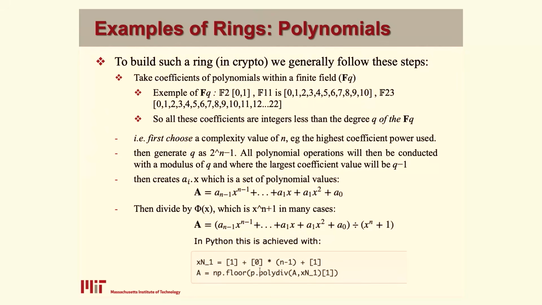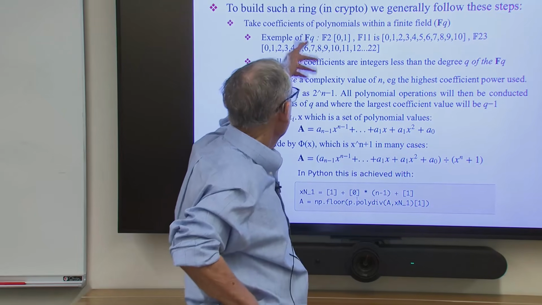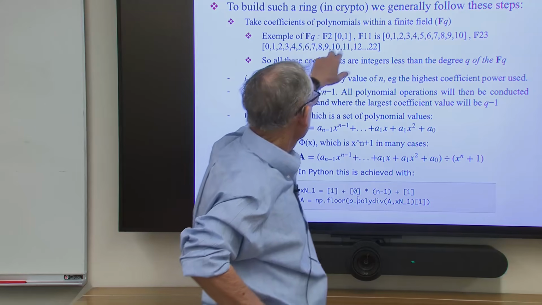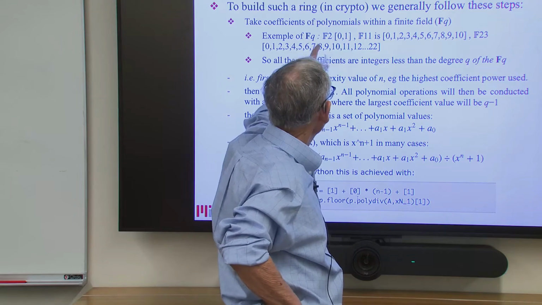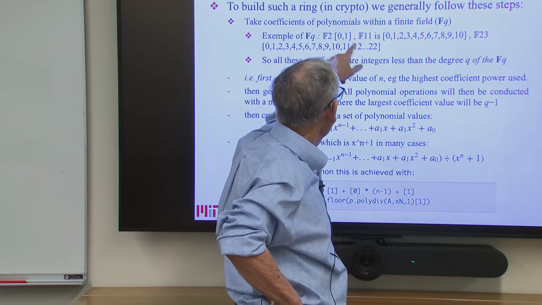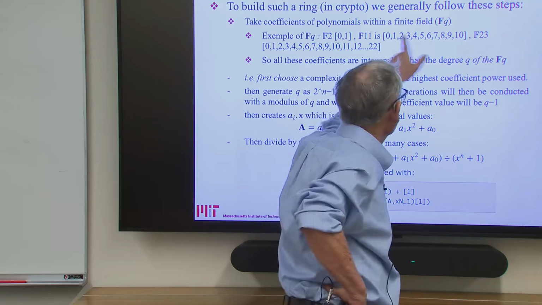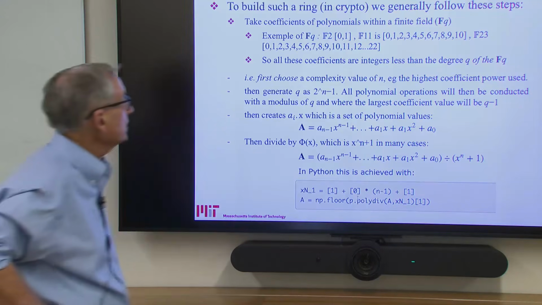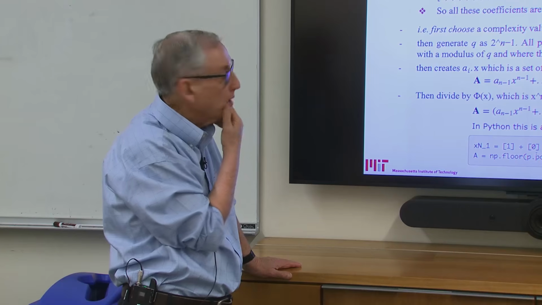It was Z a minute ago. Z to the n, this is like F to the q, are these sets of integers that always include 0. In this case, F2 is basically 0, 1, F11, we kind of saw that a moment ago, is 0 plus the first 10 integers, F23, etc.